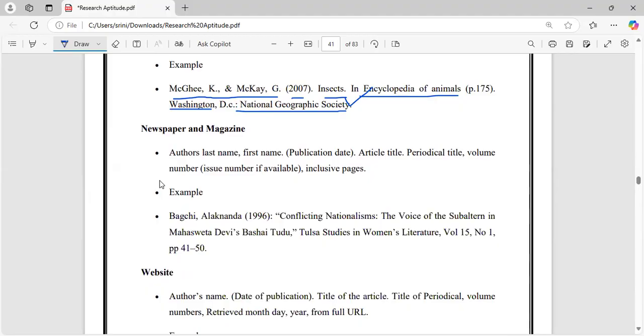Newspapers and magazines: author's last name and then first name, publication date, year of publication, either date wise if it is a newspaper, or month wise or week wise if it is a magazine. And then article title, and then periodical title, volume number, and if available, inclusive pages.